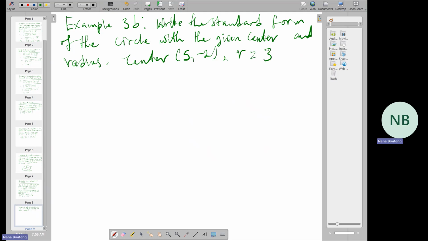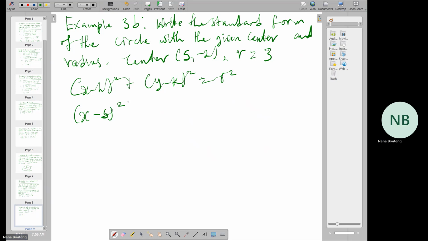All right, so our formula is x minus h squared plus y minus k squared is equal to r squared. So x minus h here is 5, so x minus 5 squared plus y minus k, where k is negative t, so y minus negative t squared is equal to r squared, which is k squared.